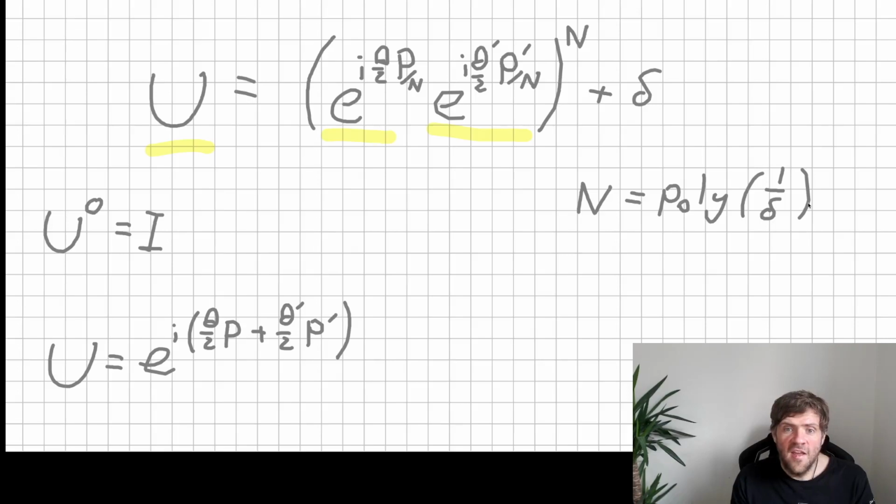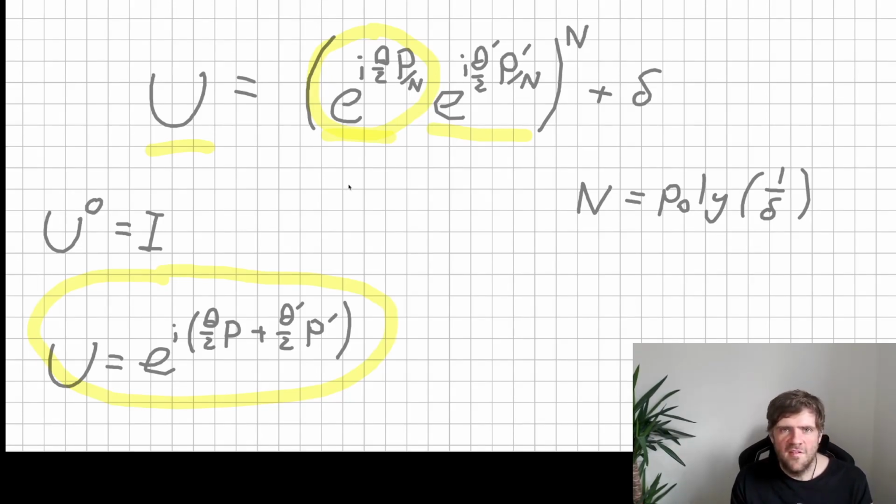So this is a way of taking gates of this form and combining them to make gates of this form. This is known as the Trotter-Suzuki method. We basically take very tiny little slices of those gates, put them in order, and then repeat this many, many times.